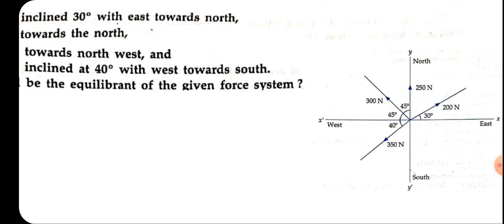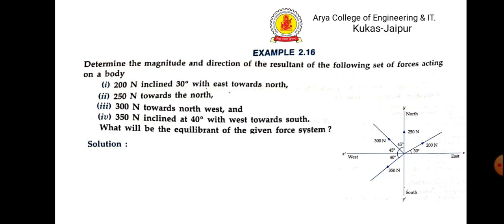Then 300 Newton northwest means 45 degrees in between, so 300 Newton at 45 degrees with west, and then 350 Newton inclined at 40 degrees with the west towards south, means it is basically a force along west which is inclined at an angle of 40 degrees towards south. So in this way we have prepared the free body diagram.